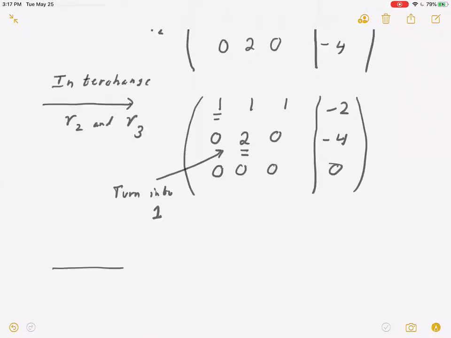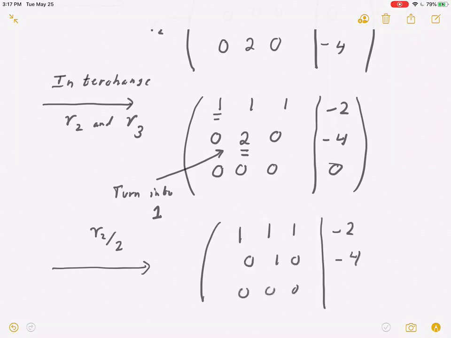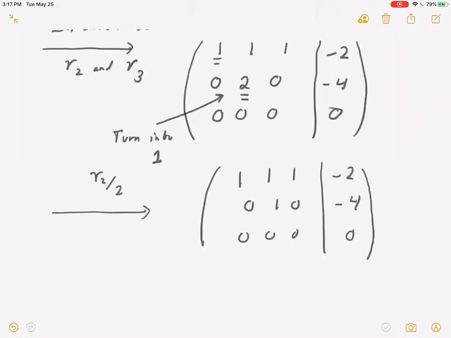So there's an easy way to do that. I just divide row 2 by the number 2. And I get that. And again, row 3 consists of all zeros. It's at the bottom. The leading 1 in row 1 is there. The leading 1 in row 2 has to be to the right of the leading 1 in row 1, which it is.